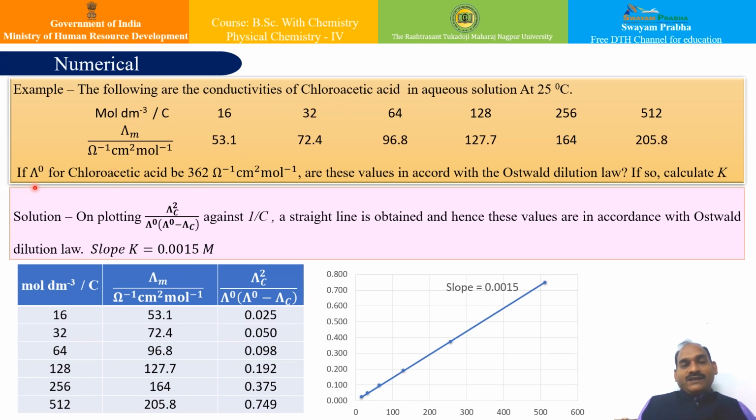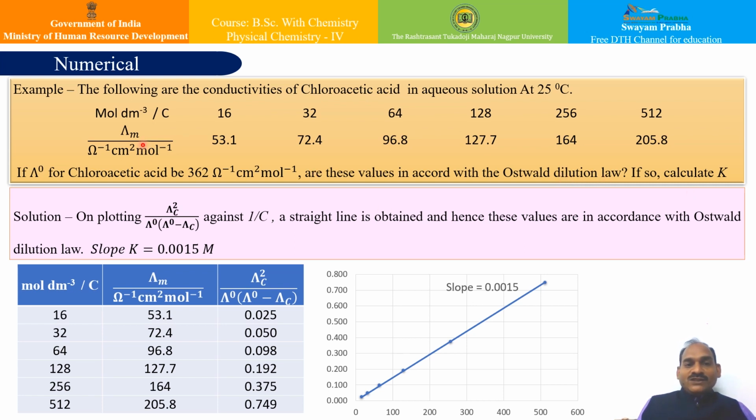If the limiting value of molar conductance for chloroacetic acid is 362 ohm inverse centimeter square per mole, are these values in accord with the Ostwald dilution law? It is asked, and if so, calculate K. So I need to first check whether I get a straight line according to the law we have seen previously, and if it is a straight line, I need to calculate K.